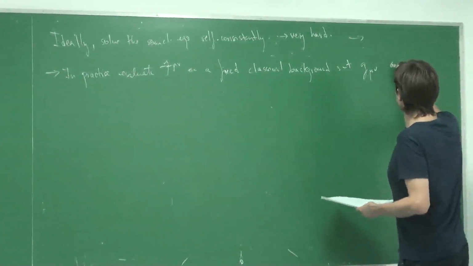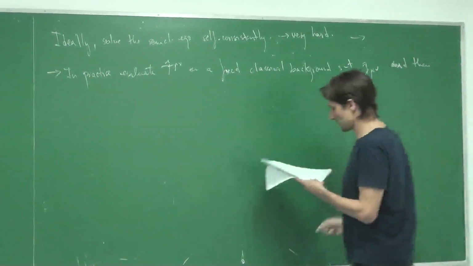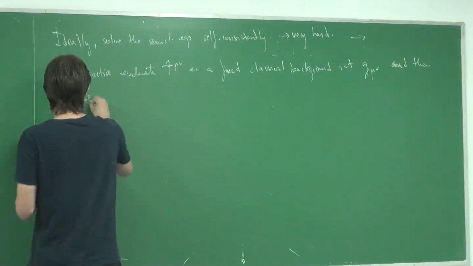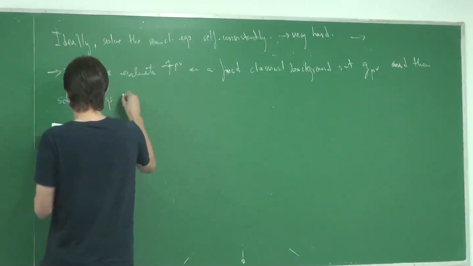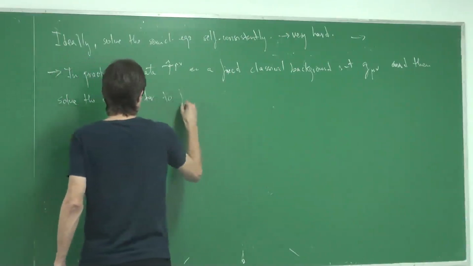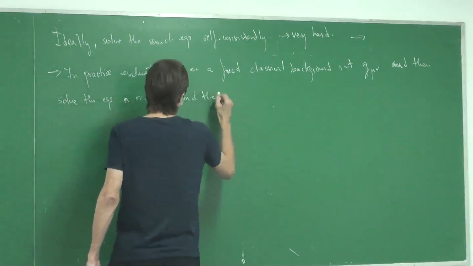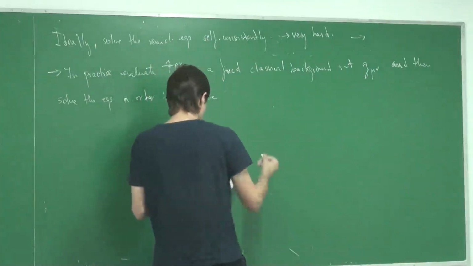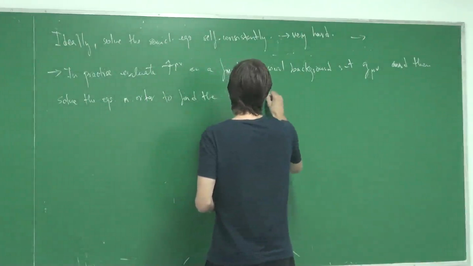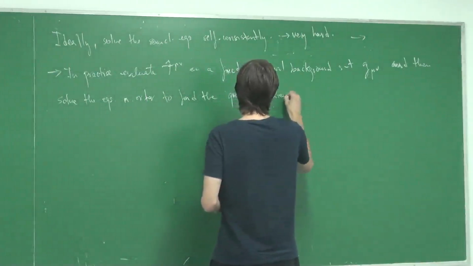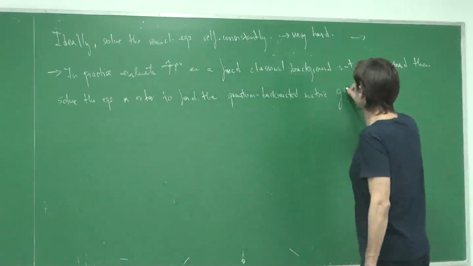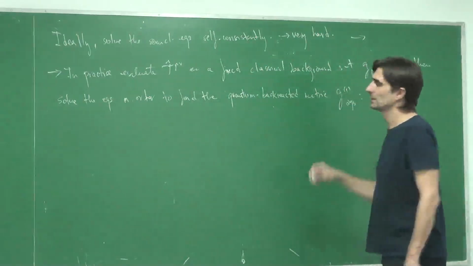And then solve the equations in order to find the back-reaction, the quantum back-reacted metric. Let's call it g with a superscript of 1.